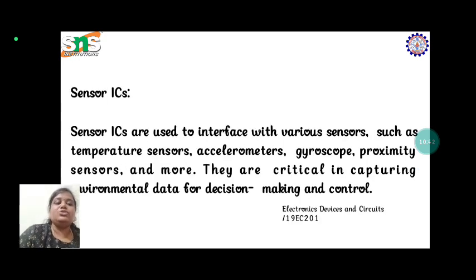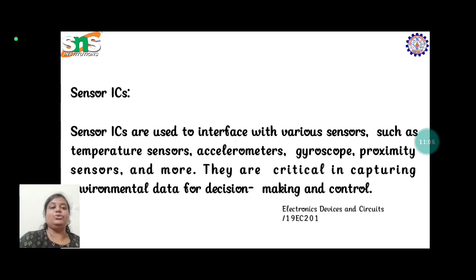And next is sensor. We are widely familiar with sensors because today, in day-to-day life, we use many sensors. If I want to watch my house, I need to fix a sensor. If I want to check who is coming and going, I have to use motion sensors.